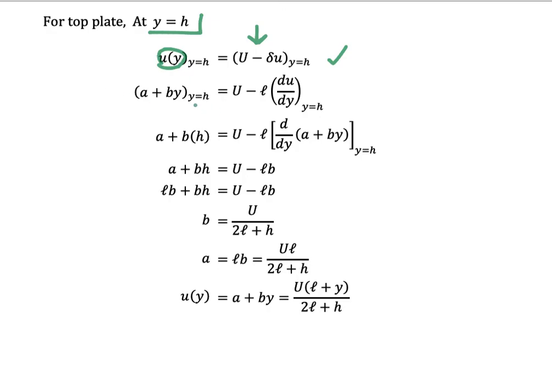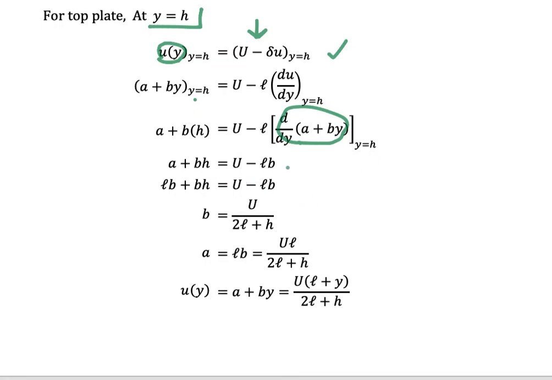So the condition is y equal to h, and then we have U minus L du/dy. Then we substitute the value again, and we could solve this by differentiating these terms and substituting the value of h. Then we get this one, and we arrange it to get the value of b.